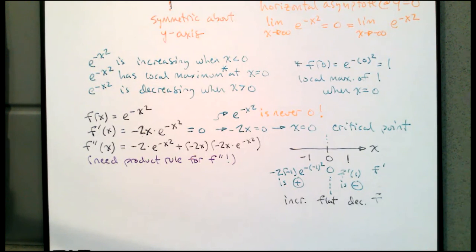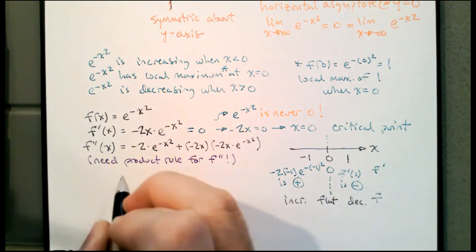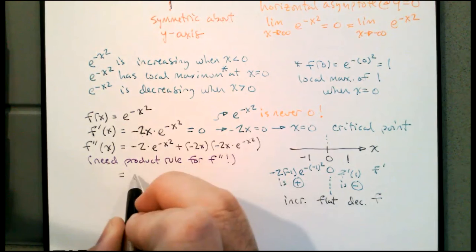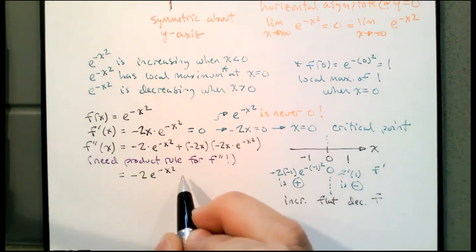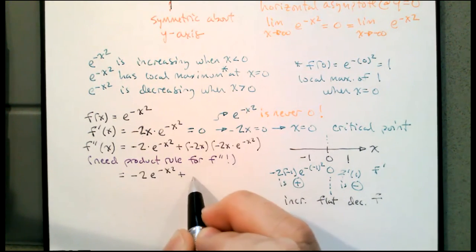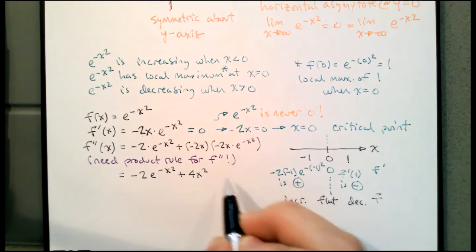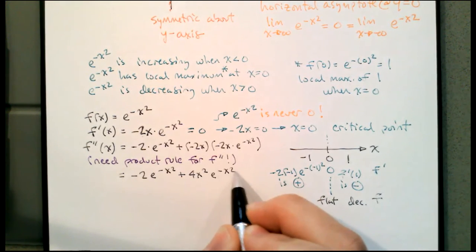Since we're going to be working with this function, now if you're just taking a quiz, this would almost be okay. I really don't like that -2x times another -2x, but let's clean this up a little bit. If you're doing a quiz, -2 e to the minus x squared minus a minus is plus 4x squared e to the minus x squared.